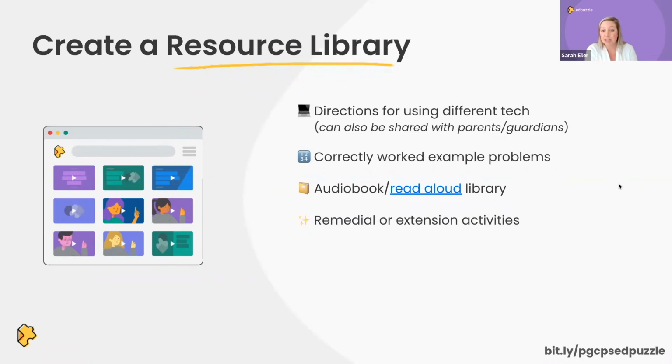Remedial or extension activities. So you could think about making an open class and students joining that class if they needed some help or if they needed enrichment. Also a great example of a station or a center for your station or center's activities. So consider one of your centers being an Edpuzzle. So you could have 4 or 5 Chromebooks, iPads, whatever kind of device you've got.